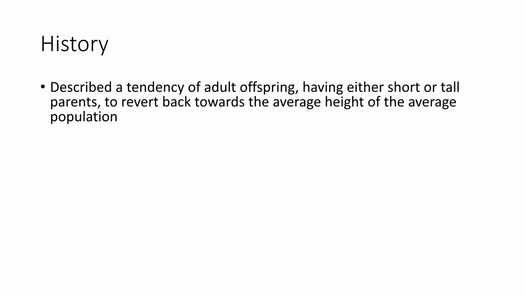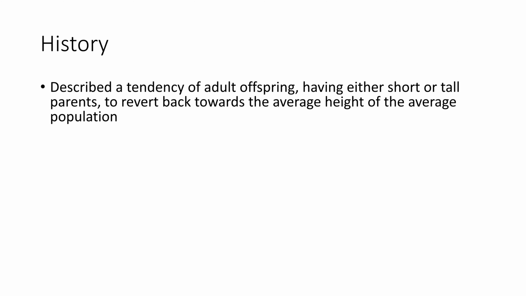In his human stature studies, he took parents who were very tall, and similarly he took parents who were very short, and then he studied the height of offsprings. He noticed that the adult offsprings who had tall parents were shorter than their parents.